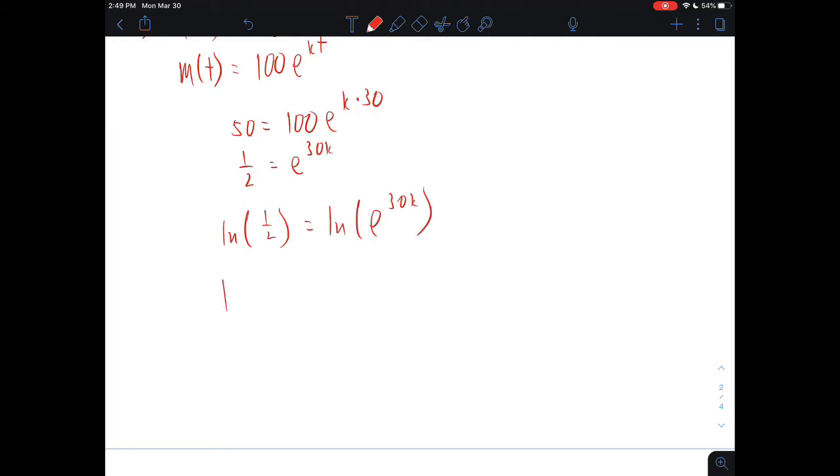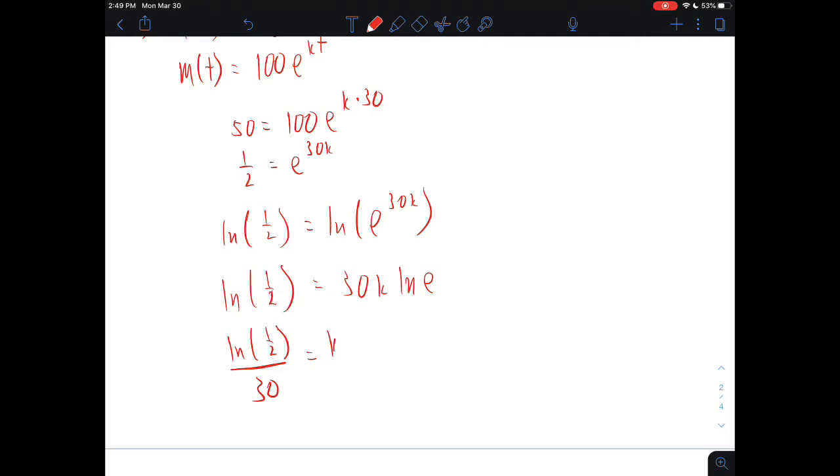So we would have natural log of 1/2 is equal to 30k times the natural log of e. But that just means 30 times k, since the natural log of e is 1. So this means all I really have is the natural log of 1/2 equal to 30 times k, which means that k is the natural log of 1/2 divided by 30.